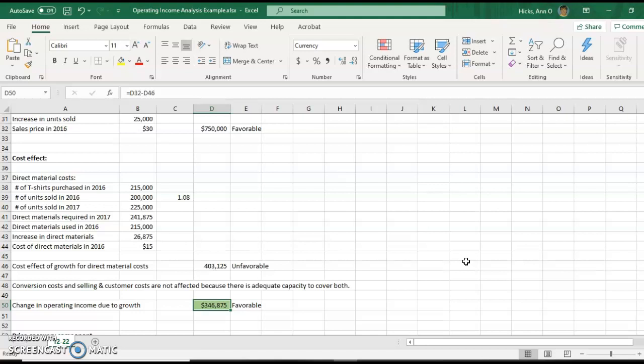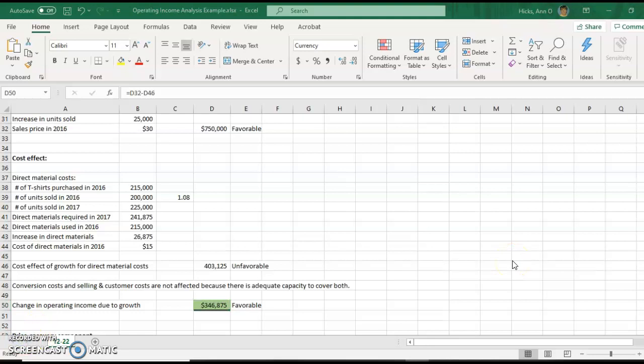And so our change in operating income that is due to growth is going to be favorable to the tune of $346,875. So that is the amount of the increase in operating income that arose because we sold more units. There was an increase in output, and there was also an increase in input.